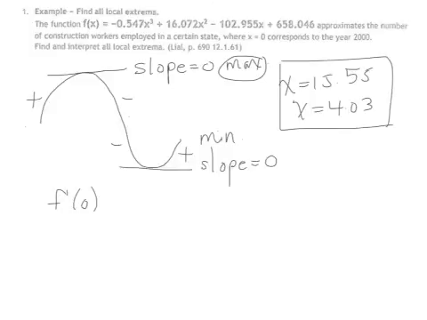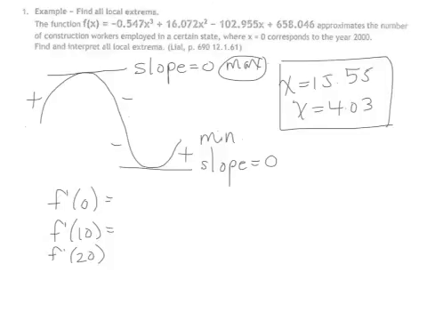That's an easy one. And solve. Let's use f prime at 10, because that's a point which sits between 15 and 4. Let's pick a point f prime at 20, because that sits on the other side of 15.55. And then we will know what the change in slope is, whether it's positive to negative, or negative to positive.